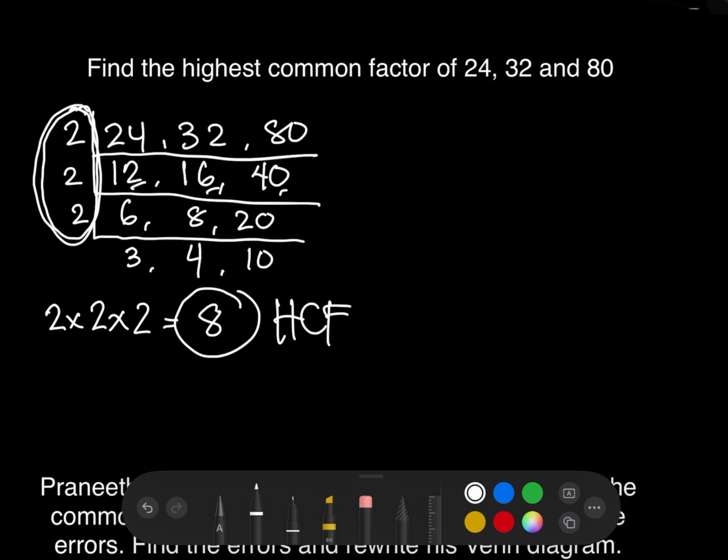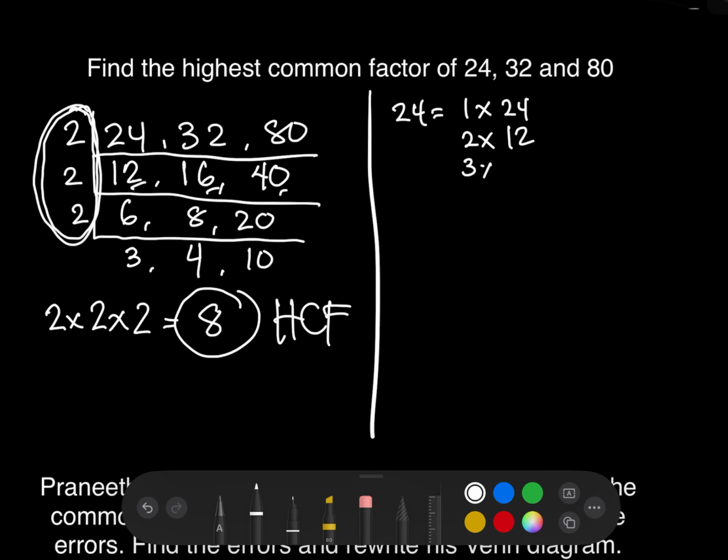Now if you're going to test it, the first method, the factors of 24 are 1 times 24, 2 times 12, 3 times 8, and then 4 times 6.